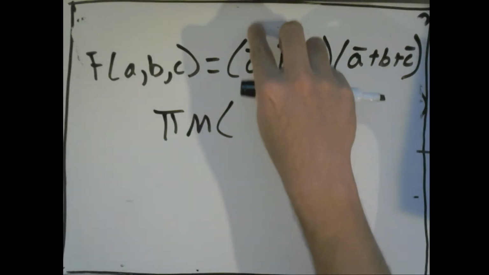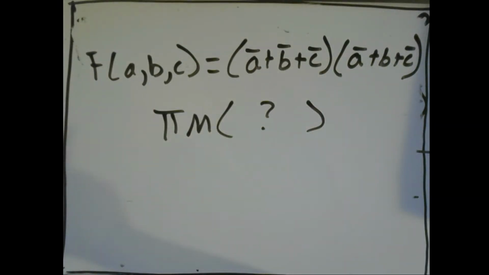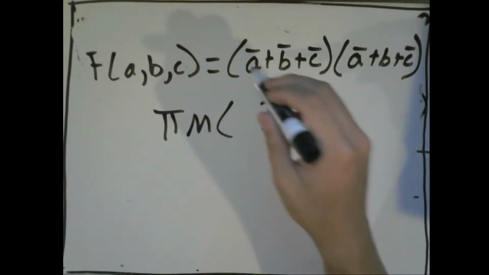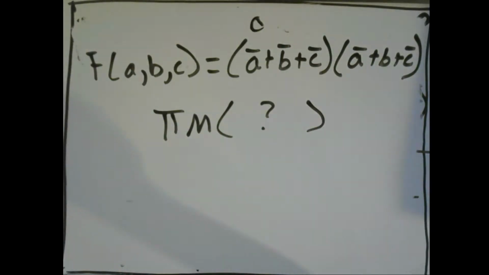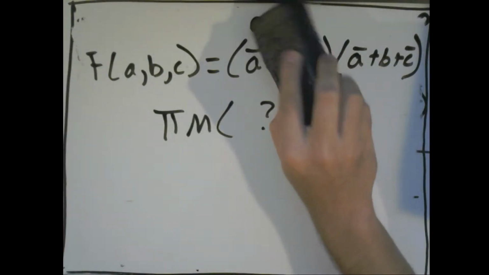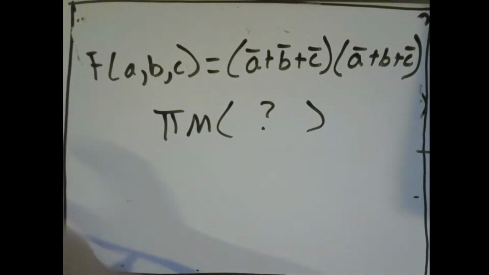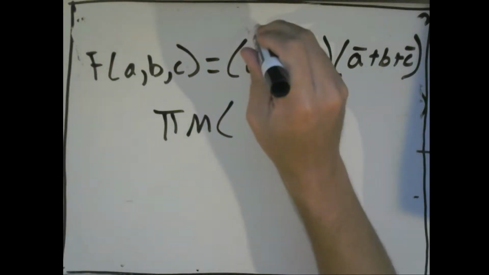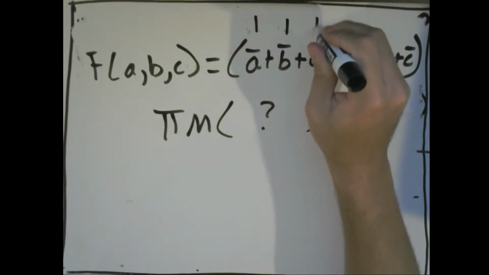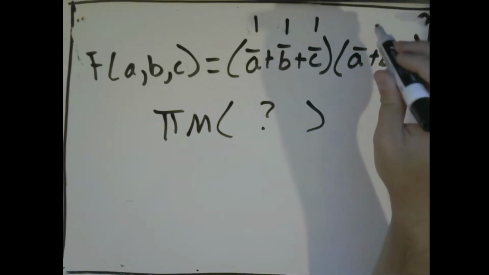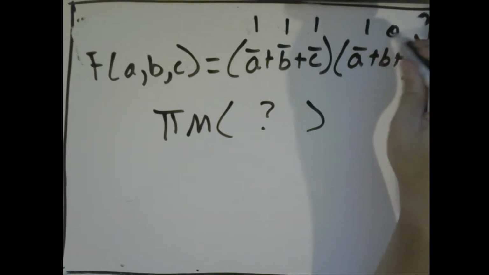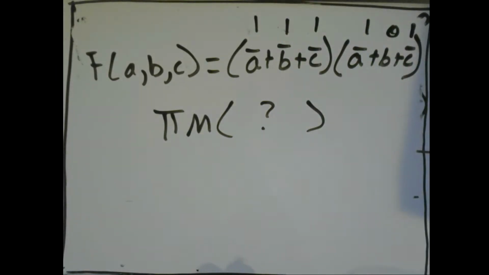Remember how in SOP, if this was A naught, we would put a 0 right here. This is the opposite. So if we have an A naught, or a variable knotted, we actually put a 1. So this will look like this: 1, 1, 1. This is 1, 0, 1. You kind of do the opposite, and that's what gives people a lot of trouble.